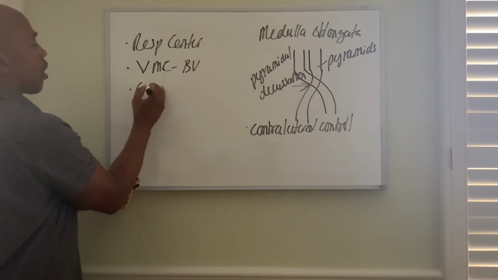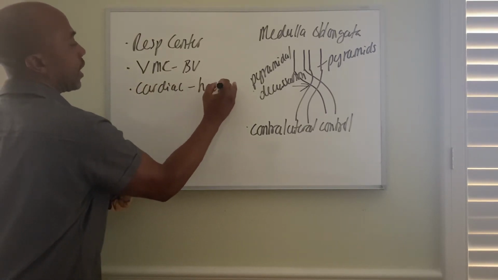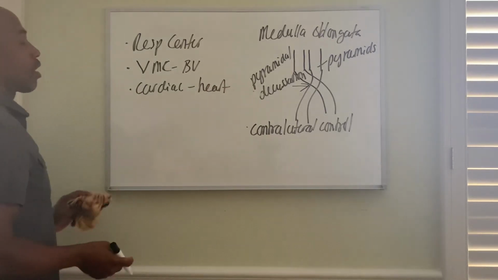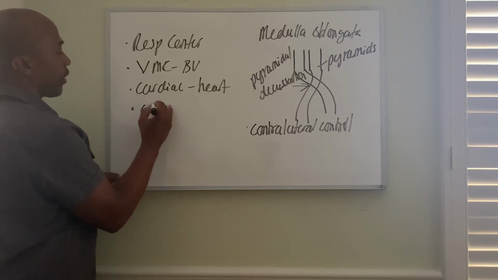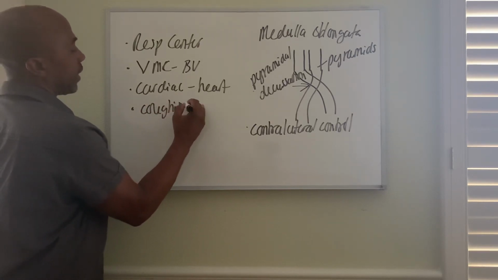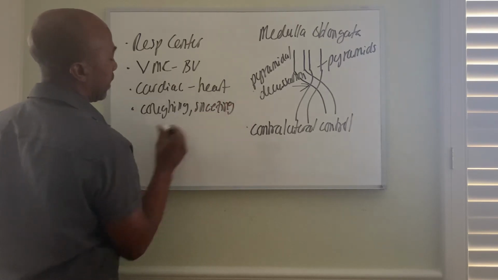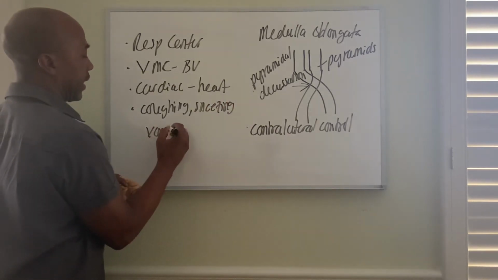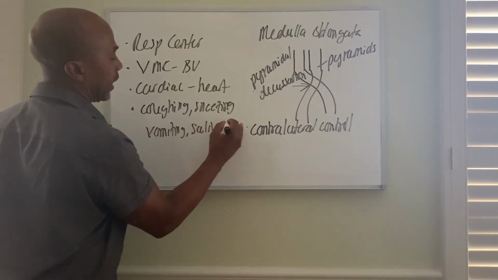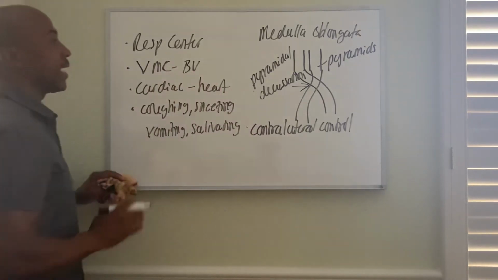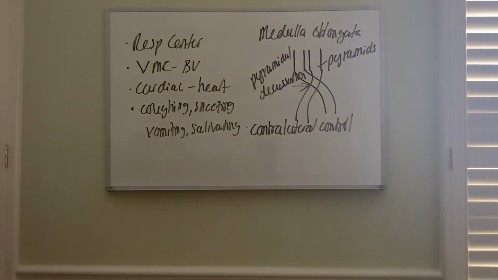You also have your cardiac center here. This one controls your heart rate. And it has some other centers for coughing reflexes, sneezing, vomiting, salivating. These are all things controlled by the medulla oblongata. Okay, we'll pause here.